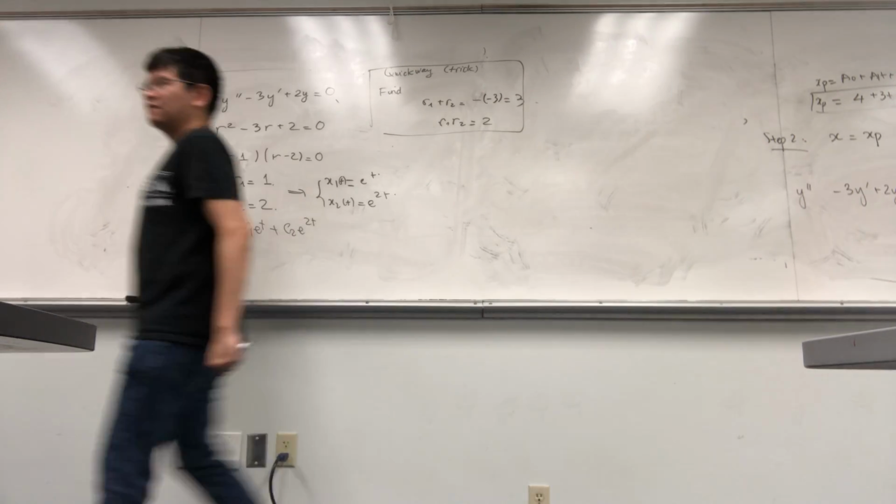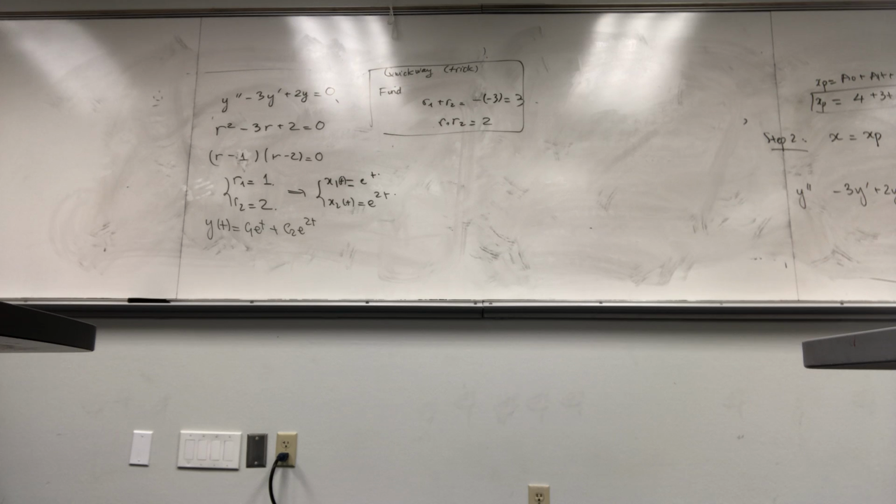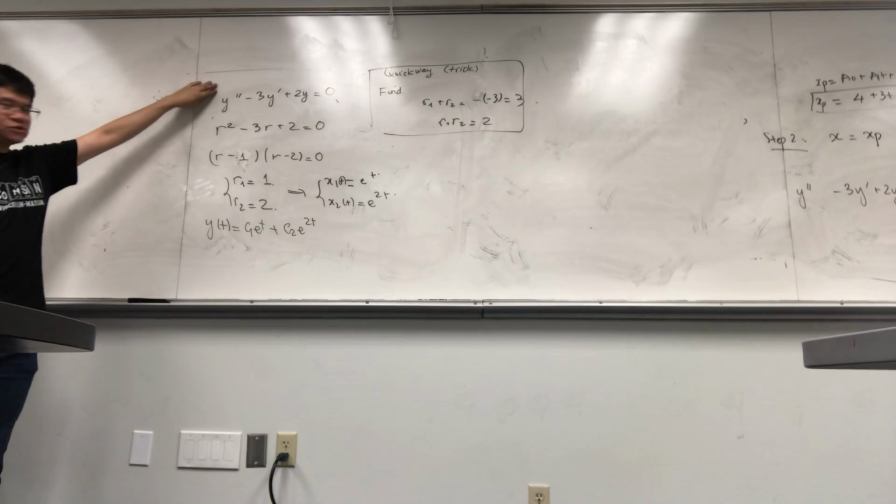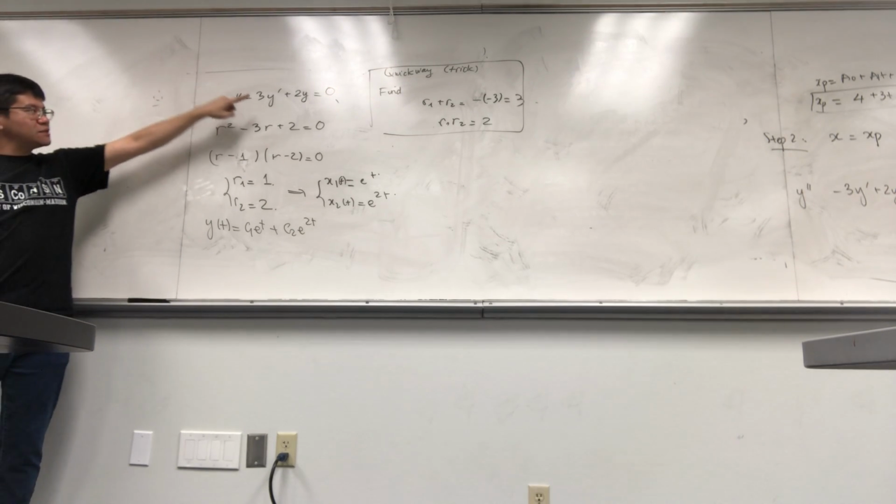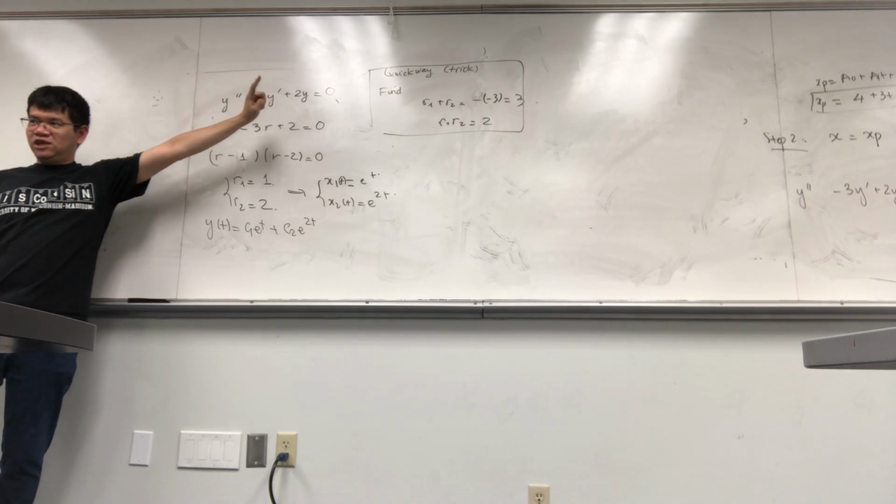So I explain again. After you found the particular solution, the solution of the equation will be the sum of this particular solution and the solution of the homogeneous equation, right? Now what you have to do is to solve for the homogeneous equation, y double prime minus 3y prime plus 2y is equal to 0.